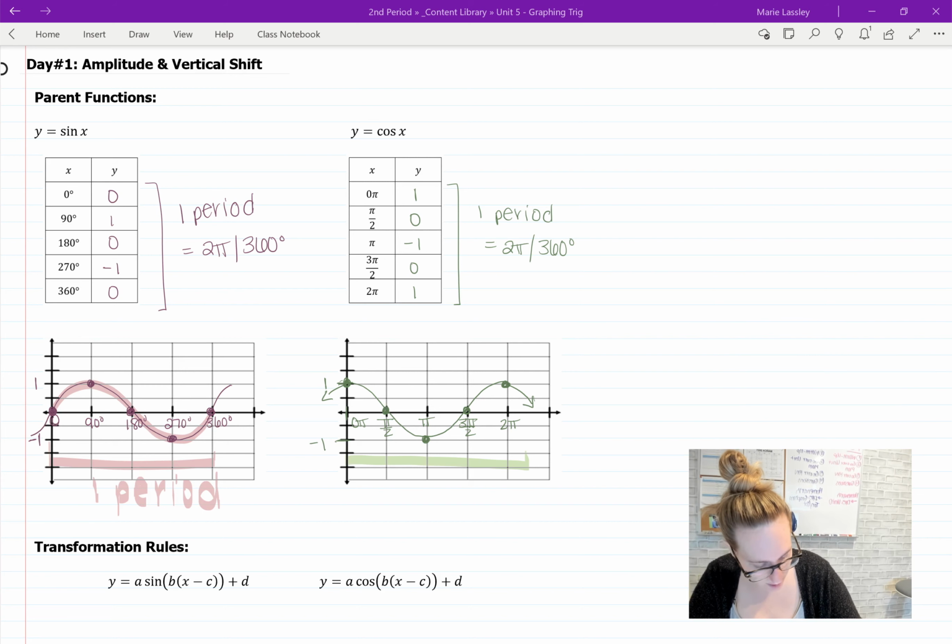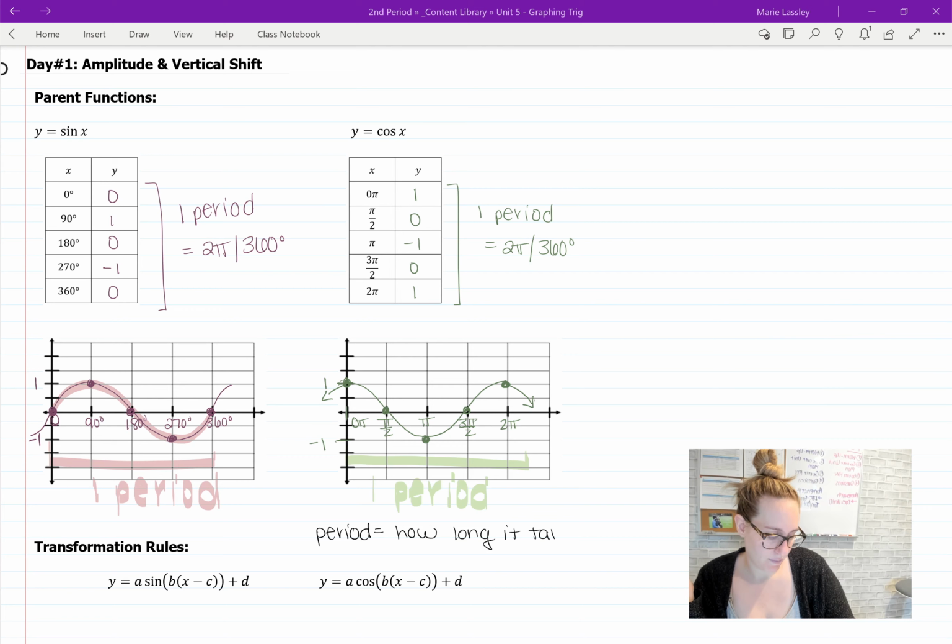So 1 period. All right. And again, a period is how long it takes to complete one full sine or cosine wave, right?